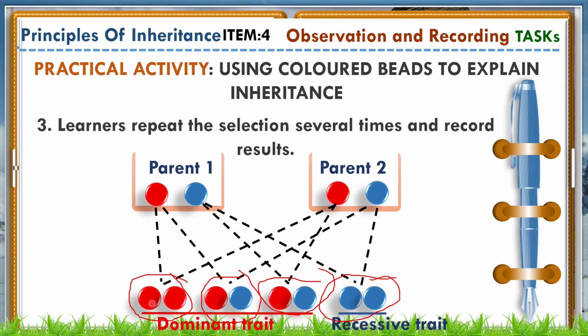Therefore, the trait here is going to be dominant, the red color. Whereas this one, because both of them are recessive, the eye color is going to be blue. So here we shall have a recessive trait, and here we shall have dominant traits.